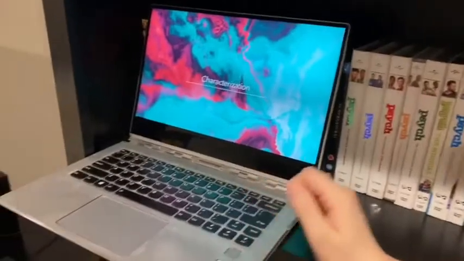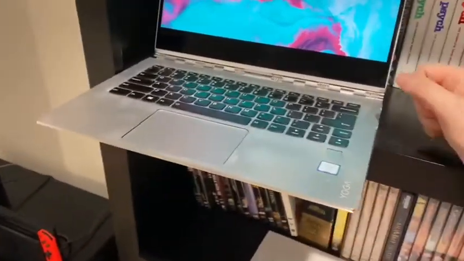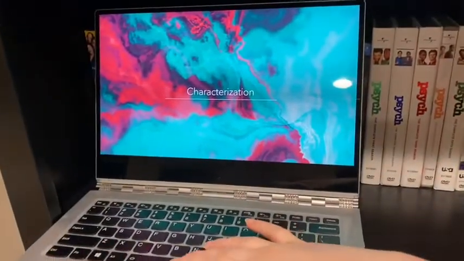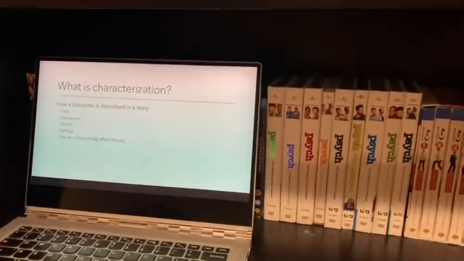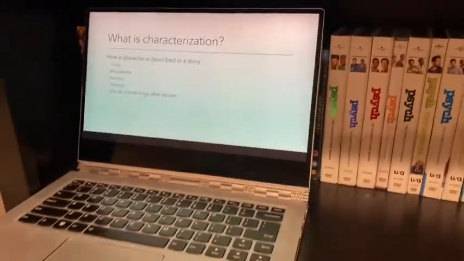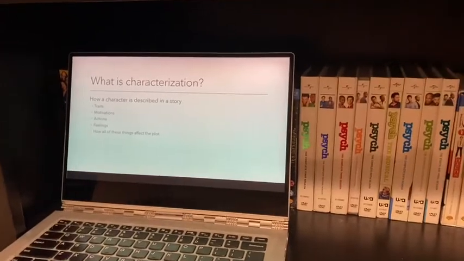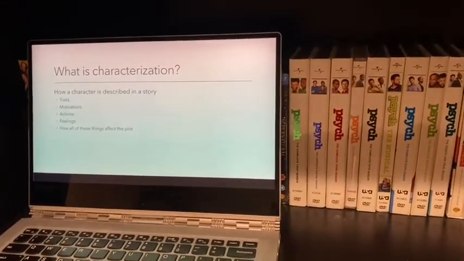So characterization, which is just building characters and giving them their own traits and features. What is characterization? It is how a character is described in a story. Does somebody want to read off what the different ways we can characterize people are? Well, I'll do it.